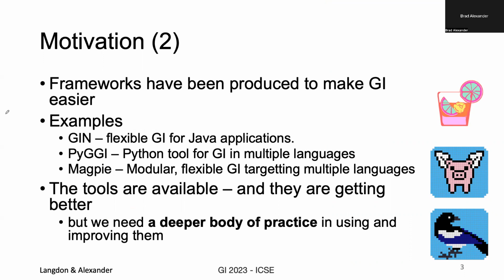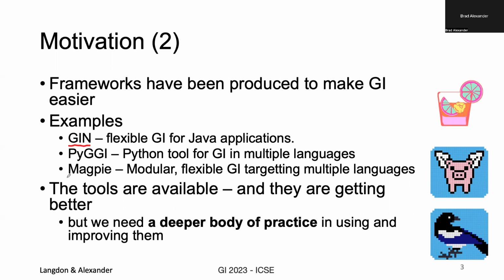There are some examples. So there's GIN by David White, now maintained by Justyna Petke and Alexander Brownlee. That is a flexible and very extensible GI framework for Java applications, still in active use. More historically, there's PyGGI and PyGGI 2, a Python tool for GI targeting multiple languages.